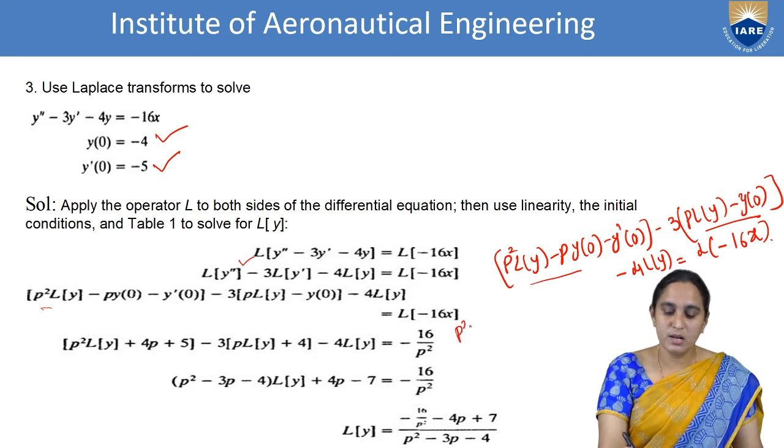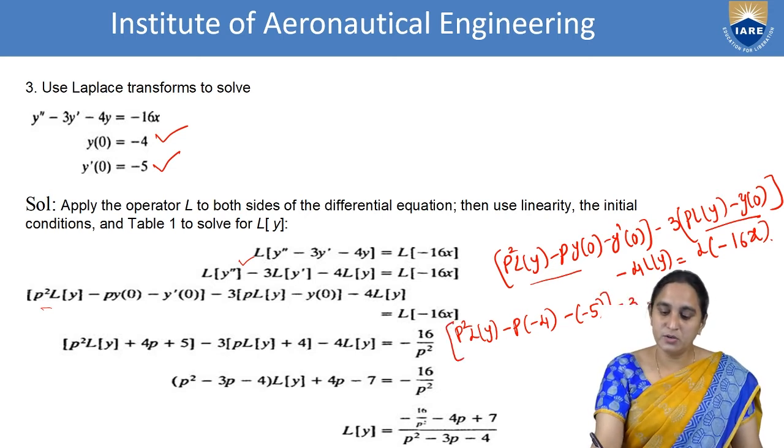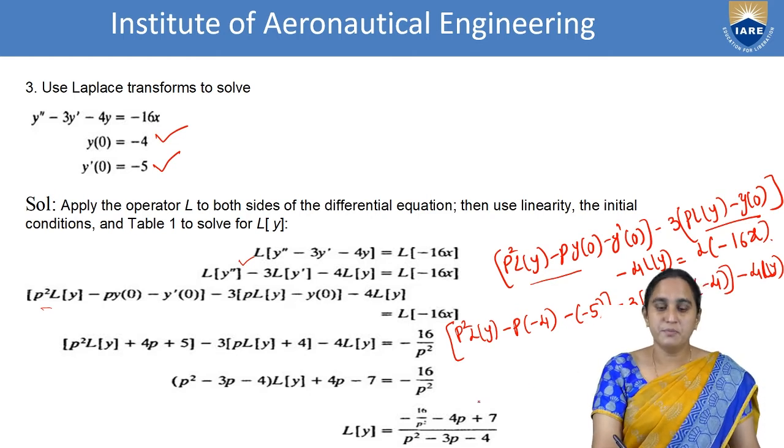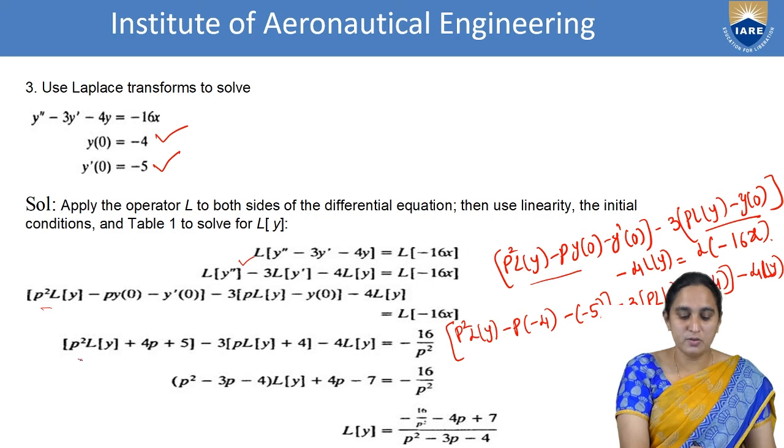That is p square L of y minus p into, what is y of 0, minus 4, minus y dash of 0, that is minus of minus 5, minus 3 into p L of y minus y of 0, that is minus 4, minus 4 into Laplace of y, that is equal to Laplace of minus 16x.